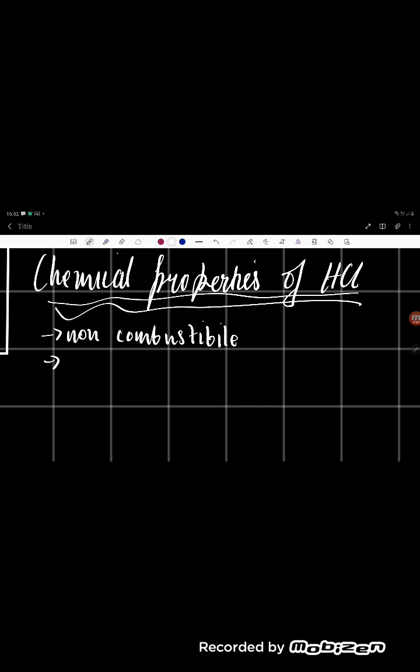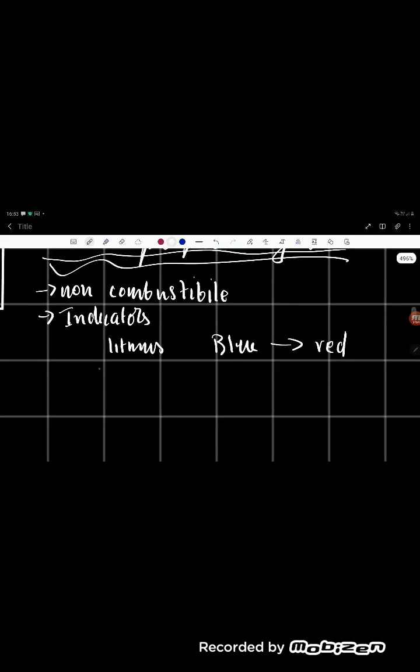Now, the action of indicators is important, so let me write that down. Indicators. Litmus turns blue to red. Methyl orange, it turns orange to pink.